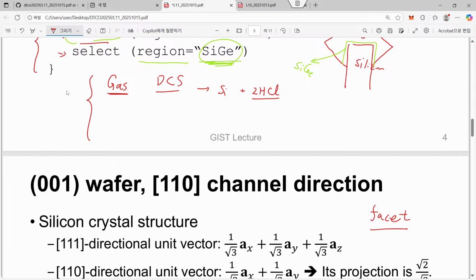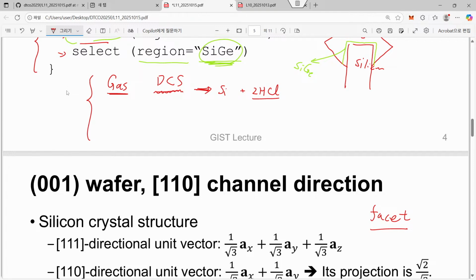So that is the expected behavior of our chemical reaction. But the point is, in order to make a uniform growth, we have to ensure that everywhere in this chamber we have a uniform distribution of this DCS.